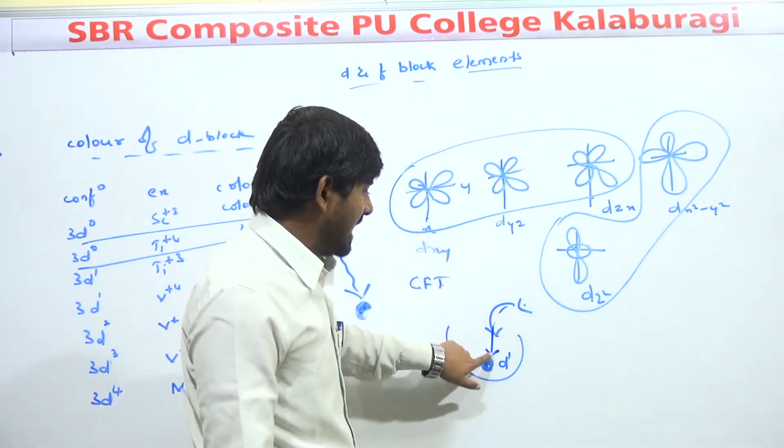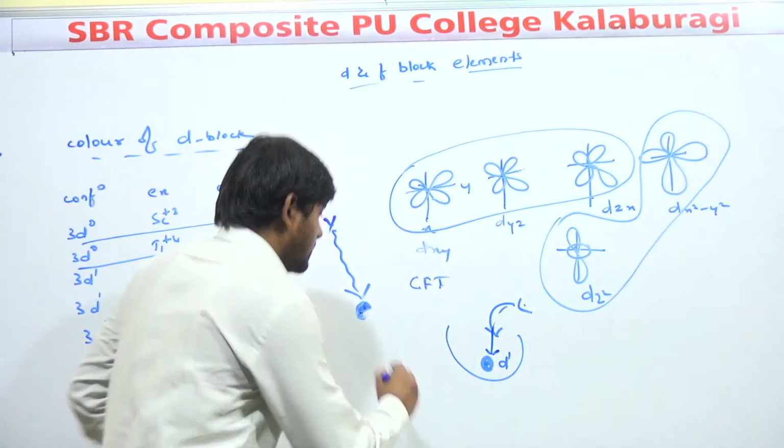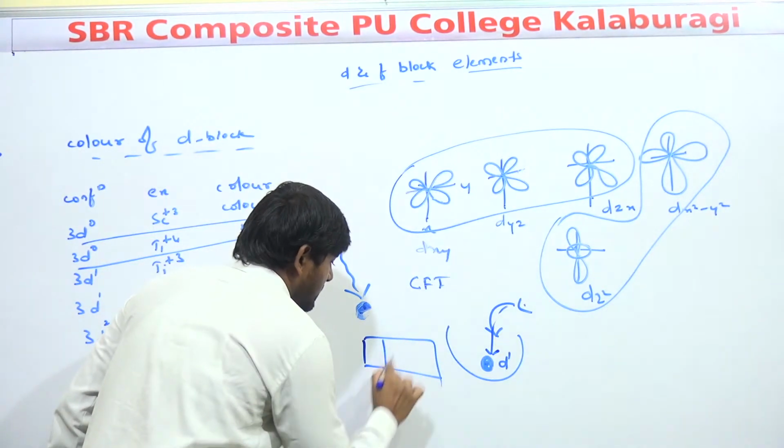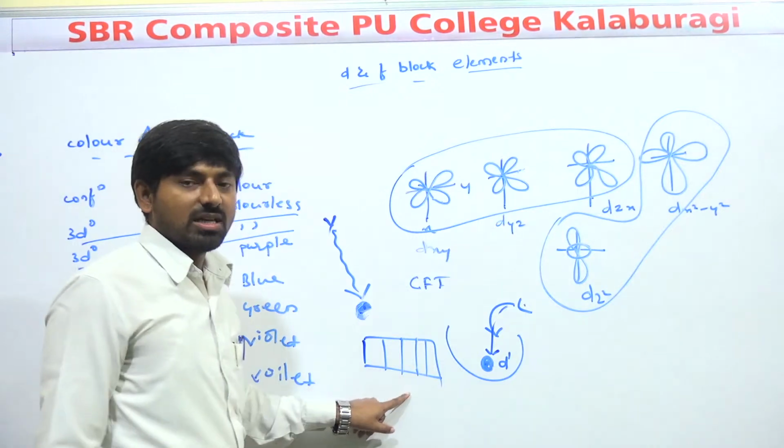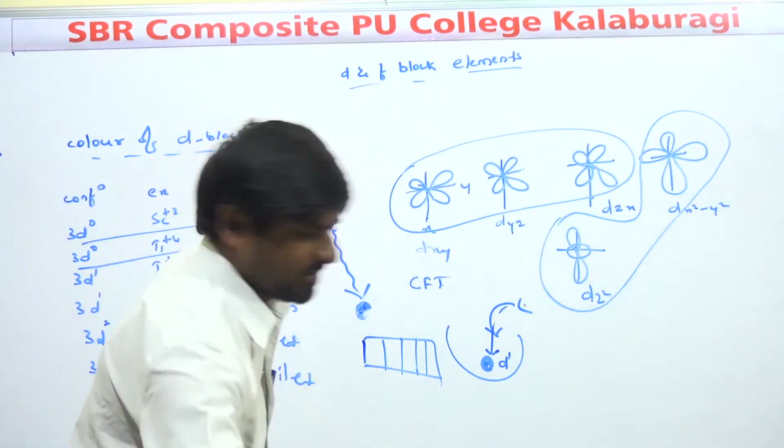When this chemical attacks along the axis, now see, one point you must remember, that is the 5 d orbitals. The 5 d orbitals are degenerate in nature.